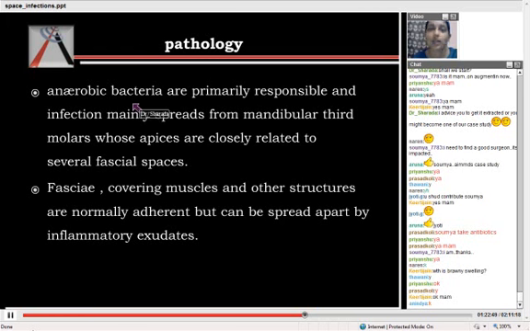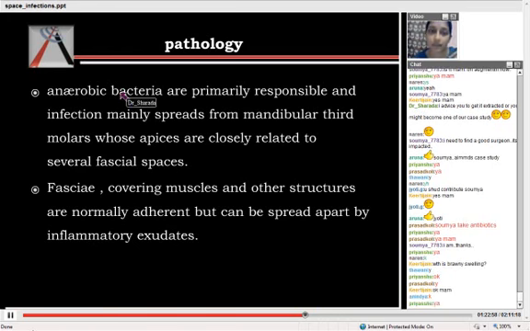So what is the basic cause? It's a mixed infection, Ludwig's angina. Streptococci being the main reason for acting on the hyaluronic acid. Anaerobic bacteria are also there. They are primarily responsible for Ludwig's angina. An infection mainly spreads from mandibular third molar, whose apices are closely related to several facial spaces.